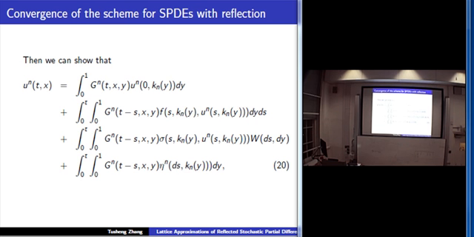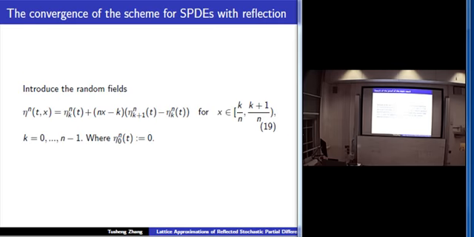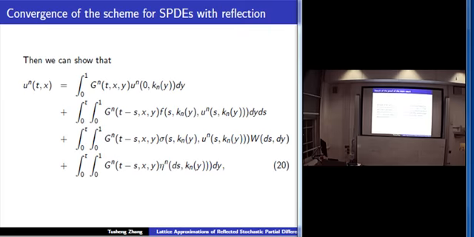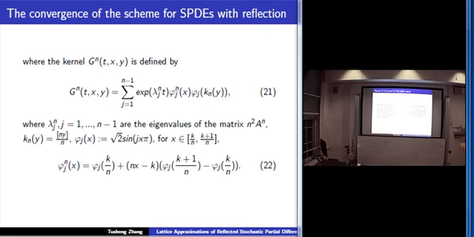The trouble is the random measure. As I said earlier, because of the appearance of the random measure, it's hard to directly compare this. Then we need to link our solution to a random parabolic problem.